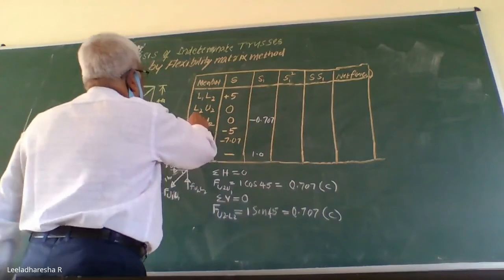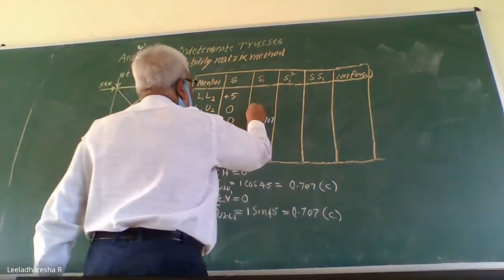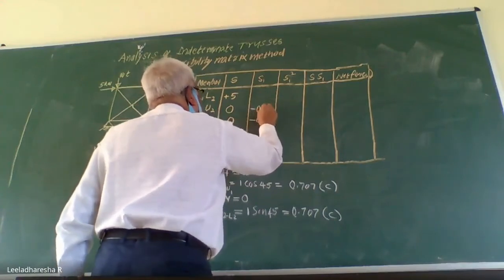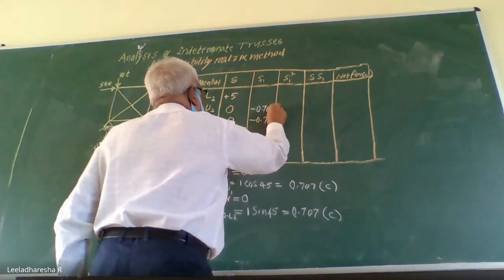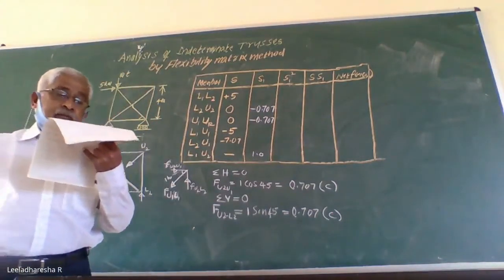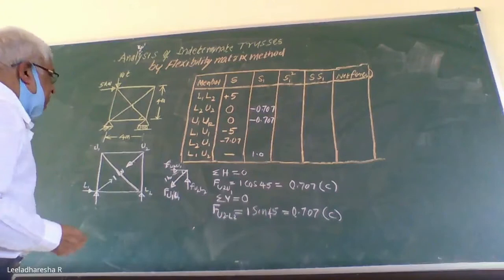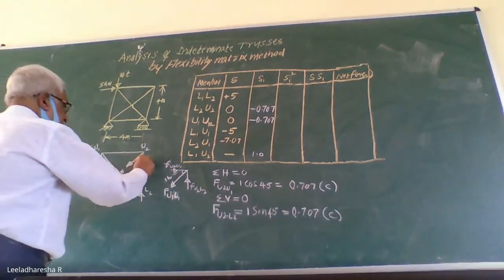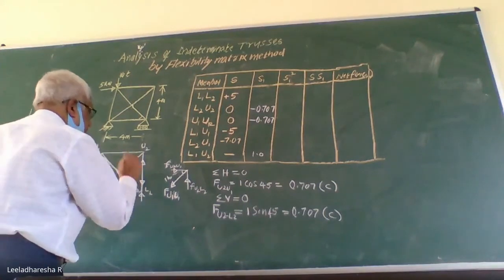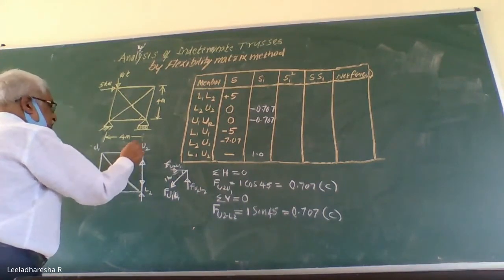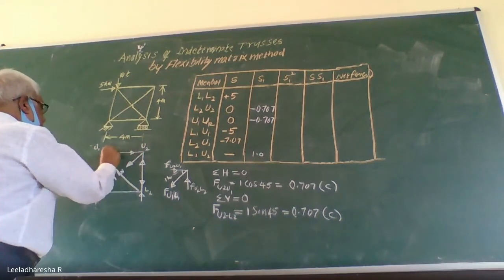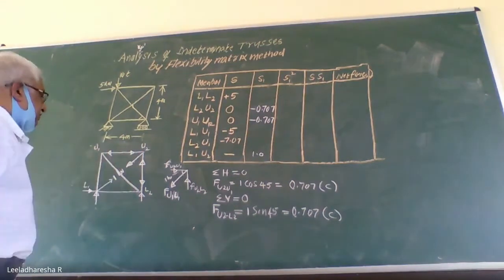F U2 L2, we got once again compression, minus 0.707. Okay, next consider equilibrium. See, here indicate the nature of forces immediately. This is the procedure what you need to do for analysis of truss. This is also a compression member, so indicate on both sides by compression.